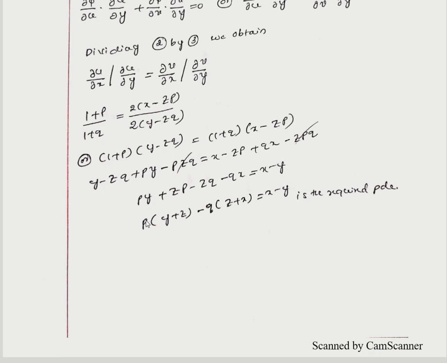Taking p as the common term, the remaining term is y, plus z. Then in these two terms, minus q is the common term, and the remaining term is plus z, plus x. That equals x minus y, which is the required PDE.